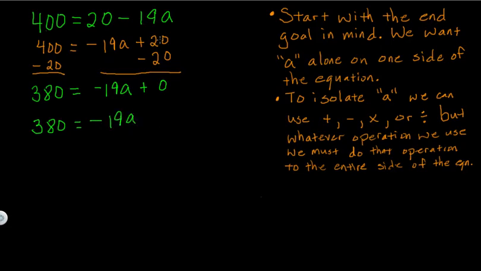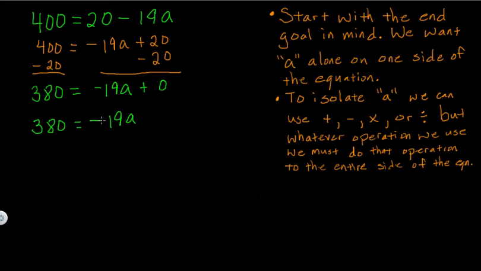Excuse me, not adding, but subtracting 20 from both sides gets rid of this 20 and leaves us with negative 19A. So now you see how we are one step closer to isolating A. Okay, so now the next step is to think how we thought in the previous way that we tried to solve it.